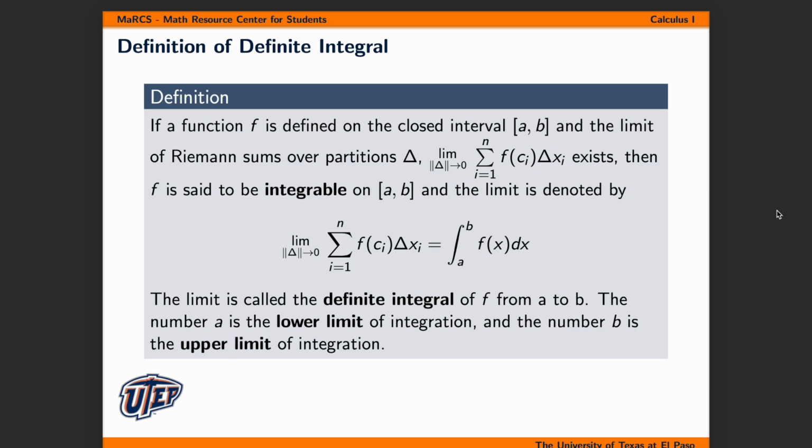If a function f is defined on the closed interval a to b, and the limit of Riemann sums over the partitions delta, the limit of the norm as it goes to 0 of each of the sums, exists, then f is said to be integrable on the closed interval a to b, and the limit is denoted by the integral from a to b of f of x with respect to x.